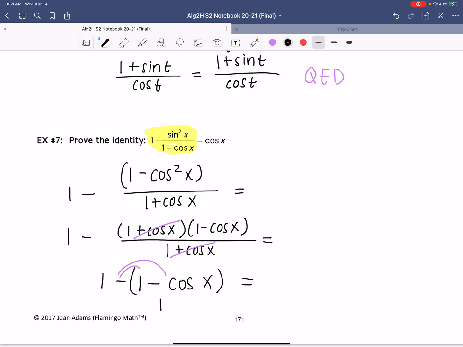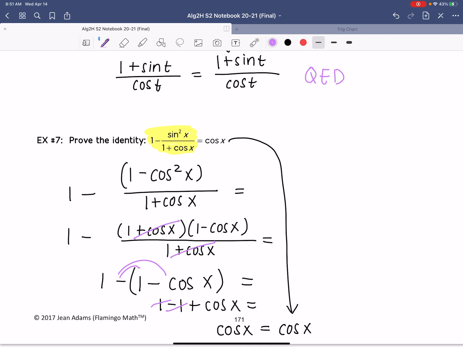So I have 1 minus 1, and then this will be plus cosine of x. And 1 minus 1 is 0, so these cancel each other out. All I'm left with is cosine of x, which equals cosine of x. So I was able to get the left side to equal the right side, so I did prove this.